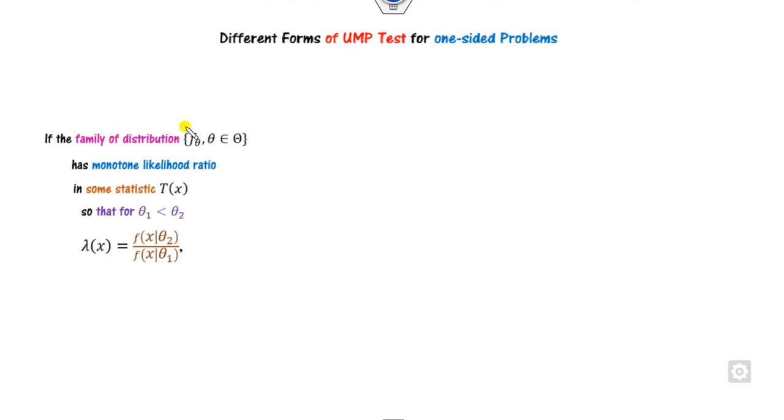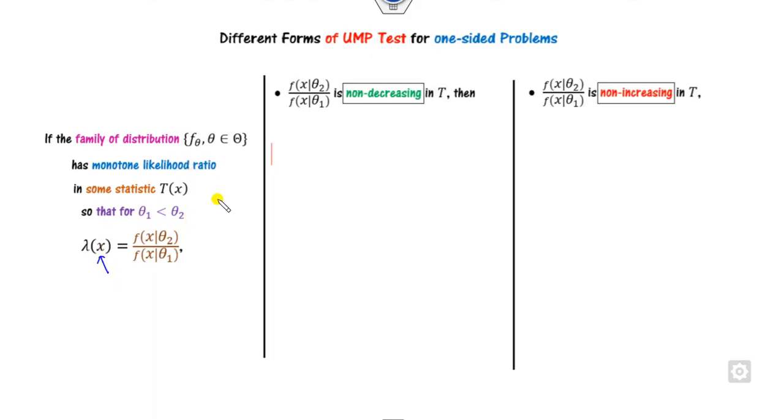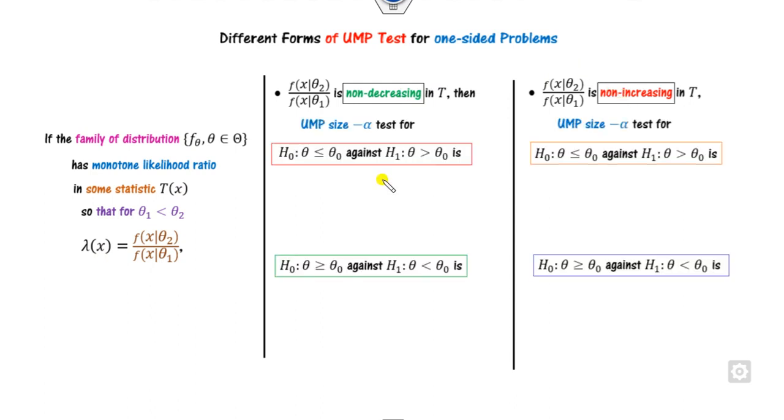Now there are different forms of the UMP test for the one-sided case. First of all, you have to satisfy this monotone likelihood ratio. Then based on this monotonic property, whether it's increasing or decreasing, and depending upon the nature of H1, whether it's a left tail or right tail, we can define it here. Suppose firstly it's non-decreasing, that means it's increasing.